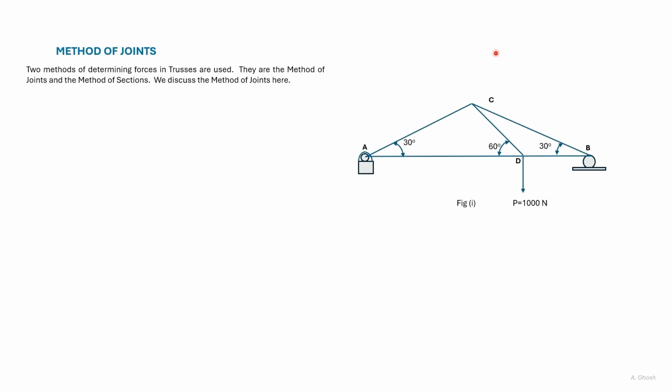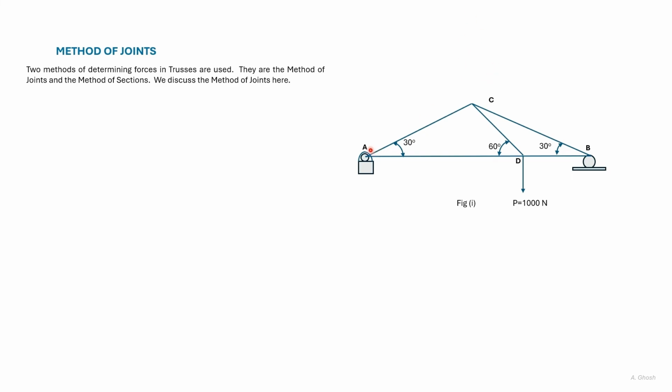In a similar manner, we can take the joints and, considering their equilibrium, find the forces in the members. The equations used to find the forces in the joints are summation Fx equal to 0 and summation Fy equal to 0.